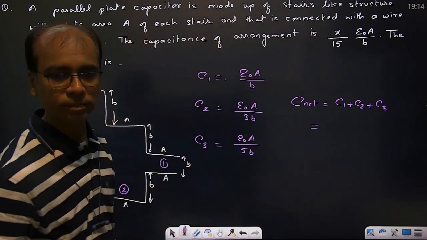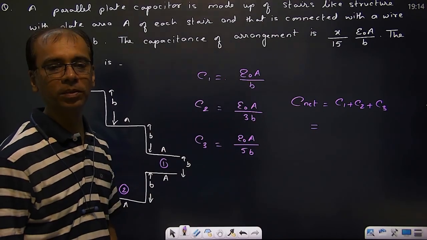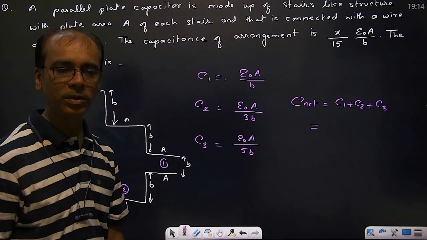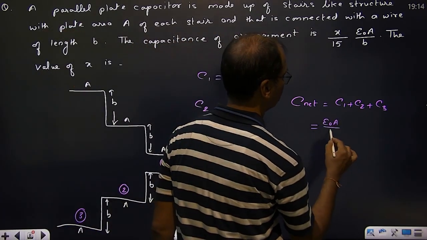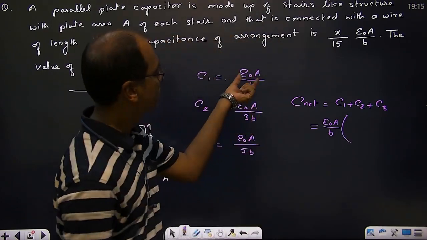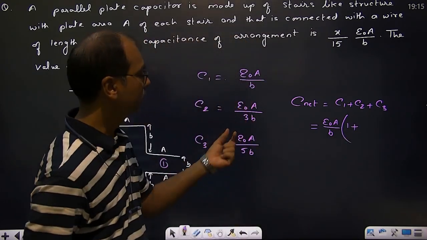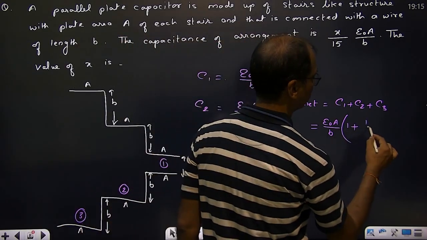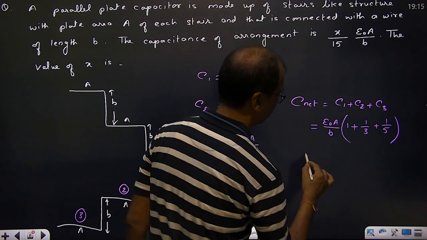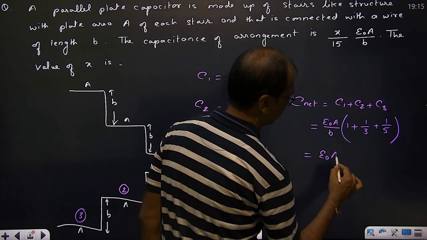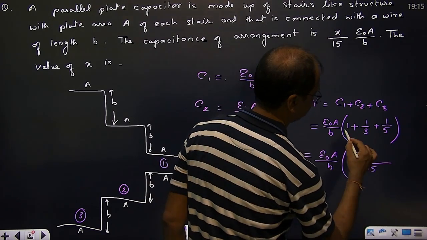Done? Now is anything common in all of them? Yeah, epsilon naught A by B is common. Take epsilon naught A by B common. So here is 1, here is 1 by 3, here is 1 by 5. Okay, so then with epsilon naught A by B, the LCM we take, how much will come? 15.